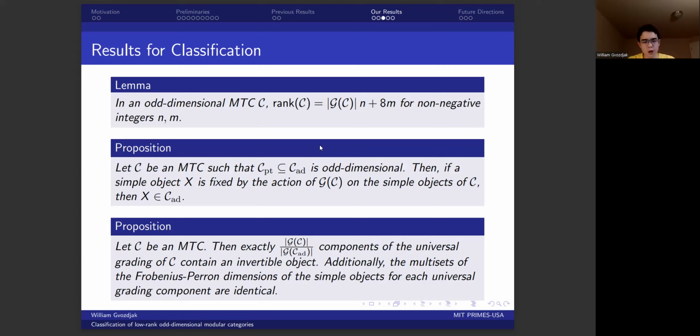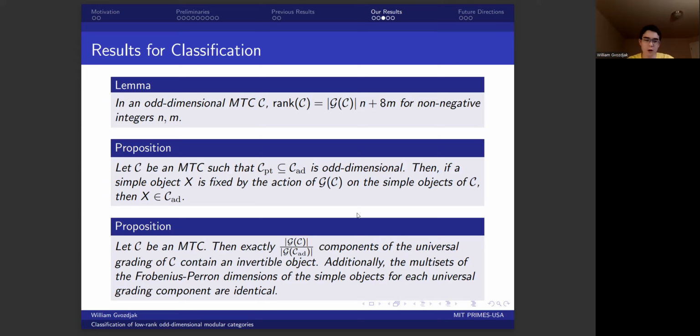We also showed that if C is a modular category, and we know the number of invertibles in C and the number of invertibles inside the adjoint component in the universal grading, then we're actually able to determine exactly how many components of the universal grading contain an invertible object. It's the number of invertibles inside of C divided by the number of invertibles inside the adjoint component. And we also know that the multisets of the Frobenius pair dimensions of the simple objects for each of these universal grading components are entirely identical.